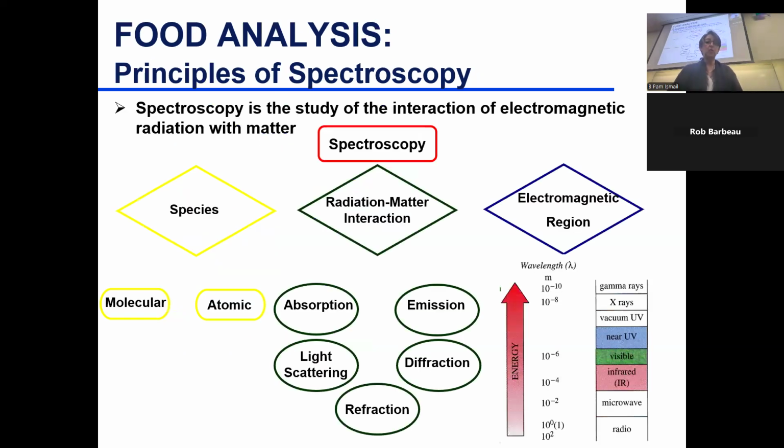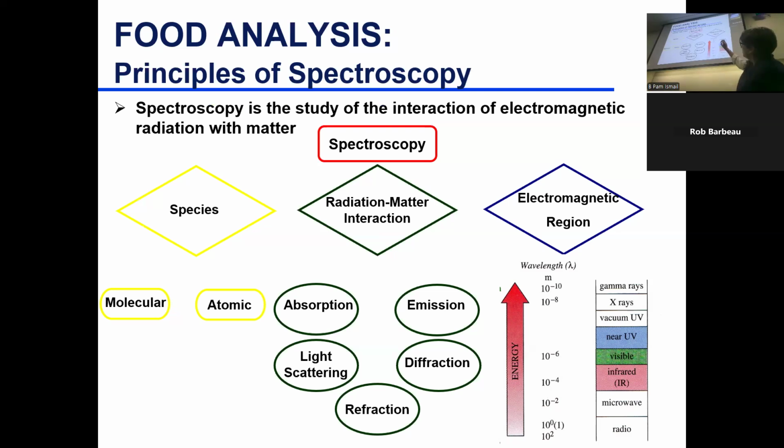All right, so this kind of summarizes what spectroscopy is about. In spectroscopy, we have two types of species that can interact with light: molecules and atoms. Some of you have done atomic absorption already in the lab. That is an interaction of atoms with light.